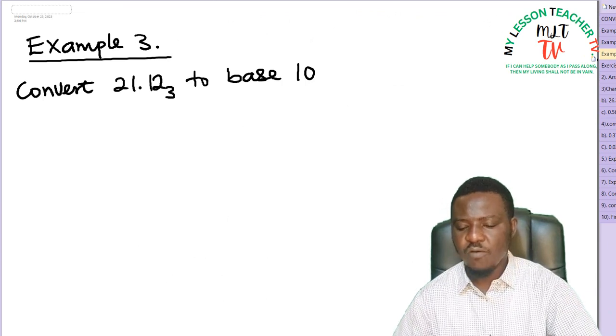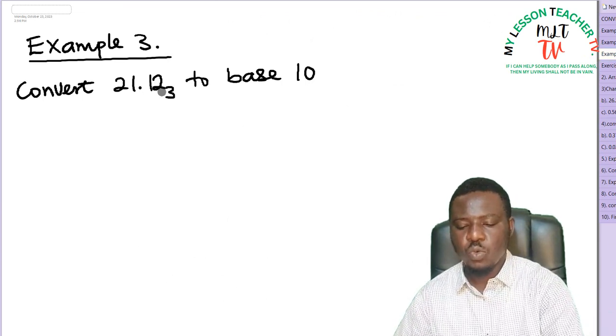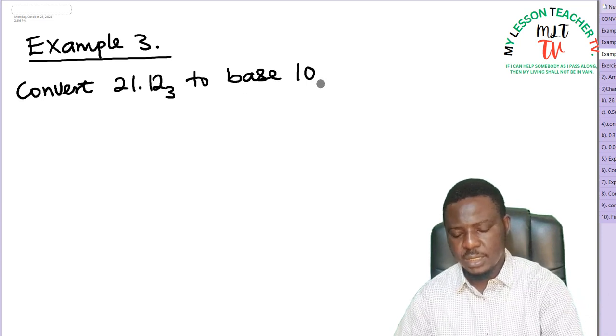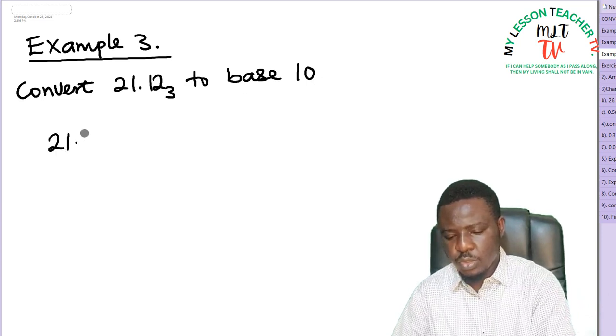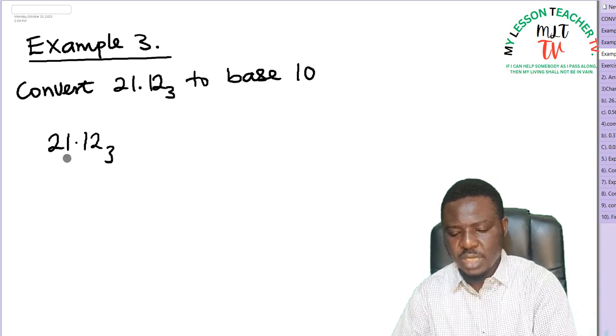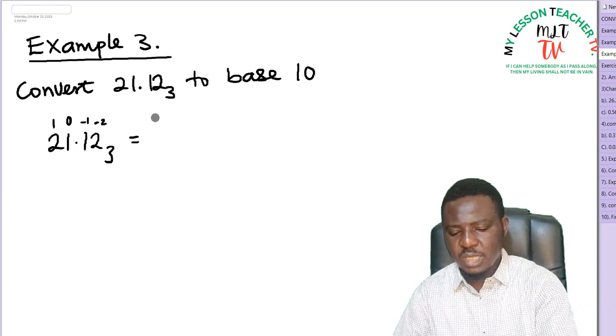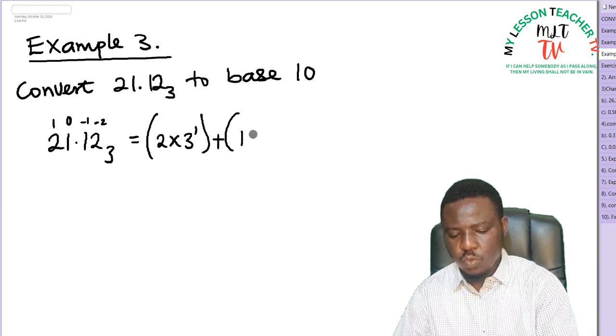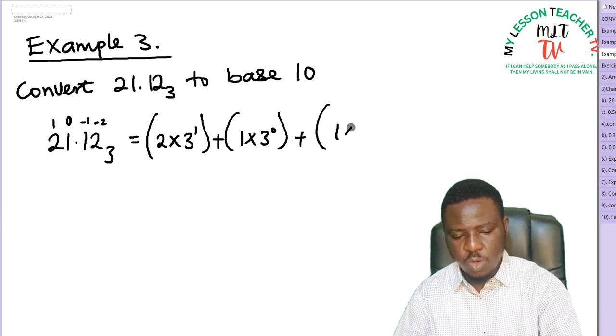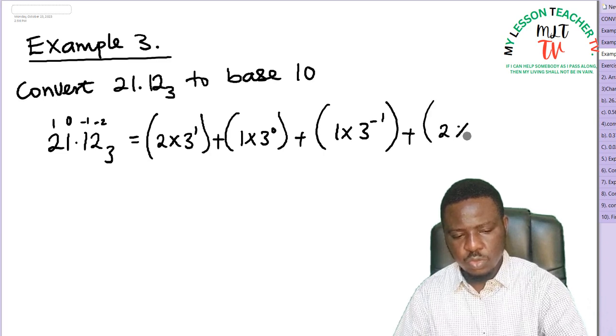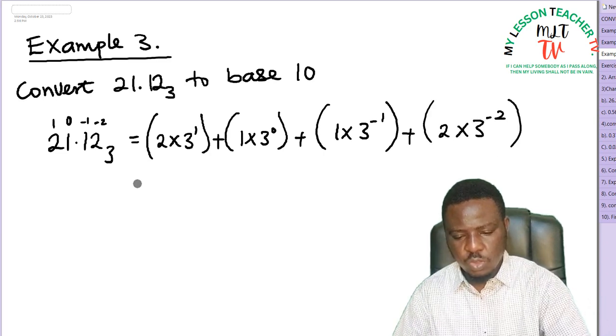Example 3, we have to convert 21.123 in base 3 to base 10. Place values of 1, 0, minus 1, and minus 2. In expanded form, this is equal to 2 times 3 raised to the power of 1 plus 1 times 3 raised to the power of 0 plus 1 times 3 raised to the power of minus 1 plus 2 times 3 raised to the power of minus 2.